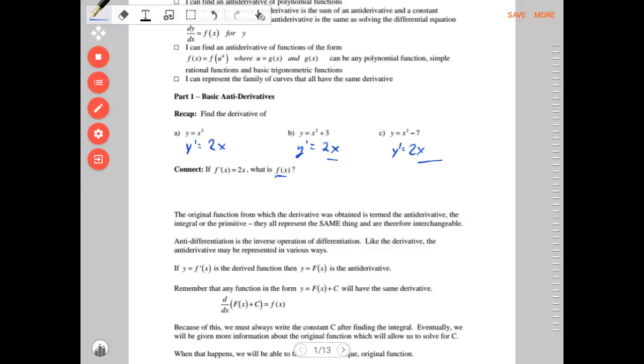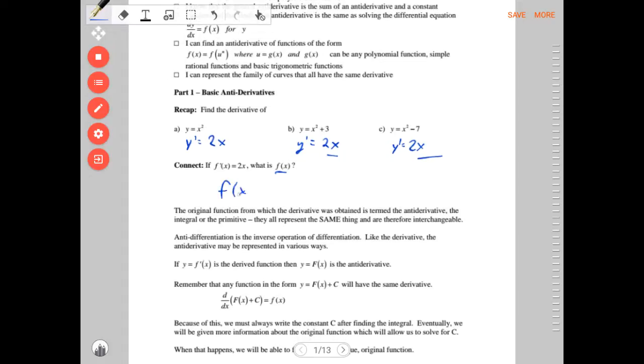It was always x squared, f of x equals x squared, but the constant changed every time. So we're going to say plus c, because we don't actually know what the constant was, because as indicated by a, b, and c, the constant was always different. So the x squared part was the same for each. Don't worry, we'll get to more of that.